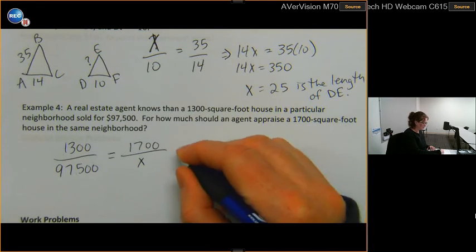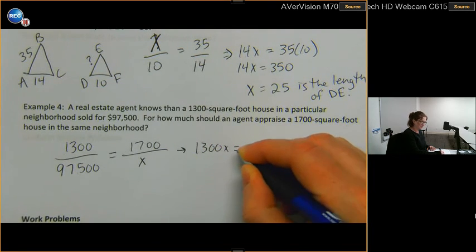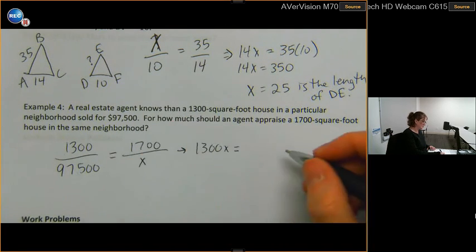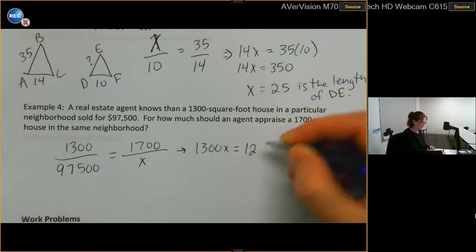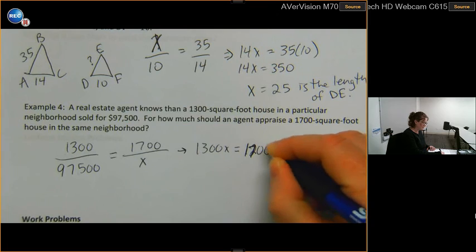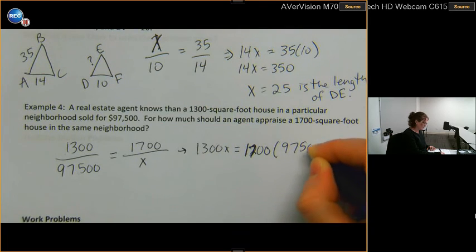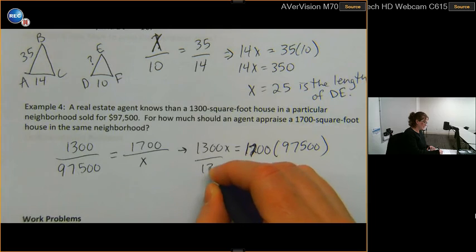When I cross multiply, 1,300x equals, when I take 1,700 times 97,500, I would use a calculator. Actually, I don't even know what that answer is. Let's just write out 1,700 times 97,500. And then to solve, I would divide by 1,300.